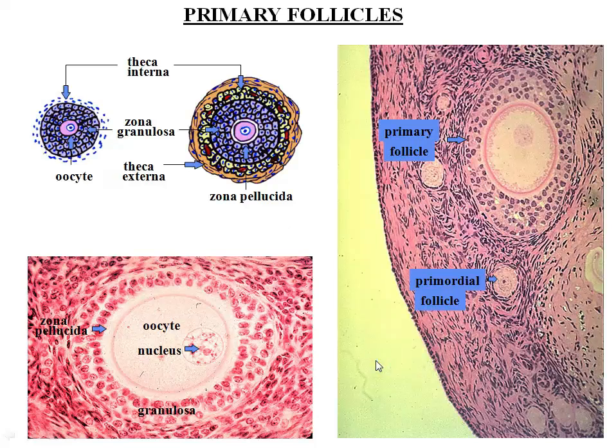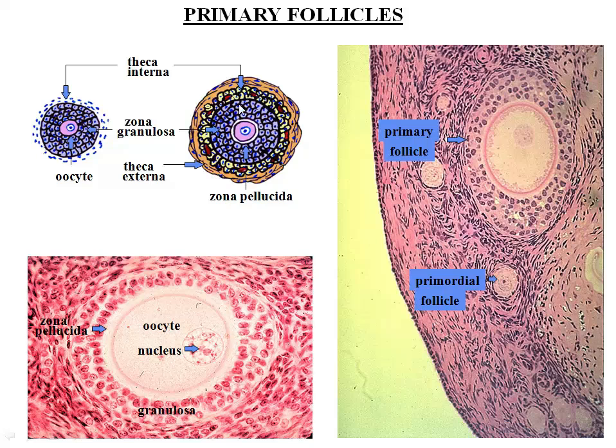Okay, so whatever we saw in the first slide, we have to verify with this color photograph. Now for drawing purposes, we have provided the diagrammatic presentation here. These are the actual photographs of a slide. Okay, so first we'll see the diagrammatic presentation. So this is the oocyte, and all these are the zona granulosa. This is the zona pellucida layer, and this is the theca externa and theca interna portion.